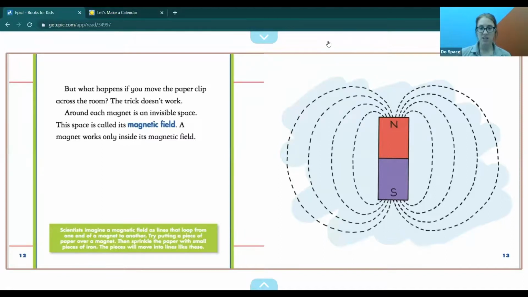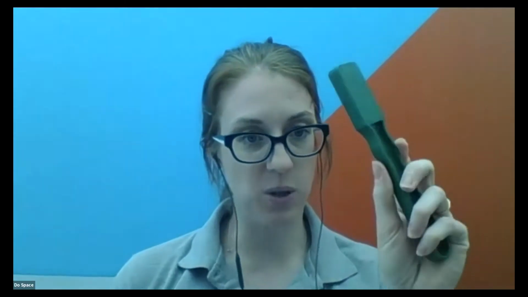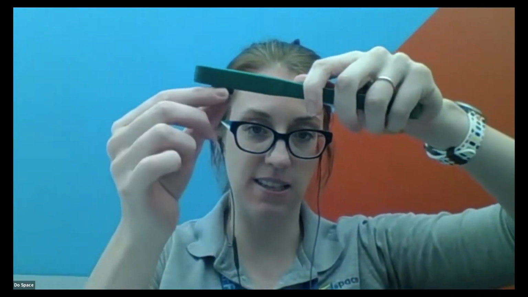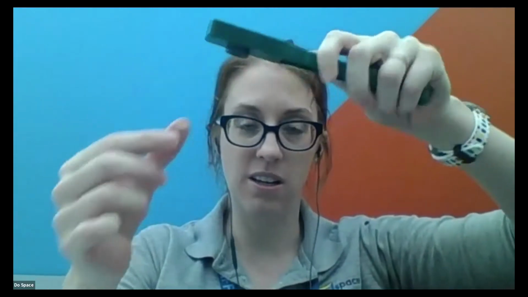So I'm actually going to stop sharing here so you can see a little bit bigger, because we are going to do some experiments. We talked about how magnets are attracted to metal, and a lot of times they're attracted to iron. I have a really cool magnet wand here, and we know it's a magnet wand because I can stick this magnet to it.